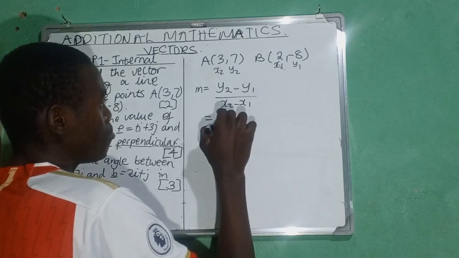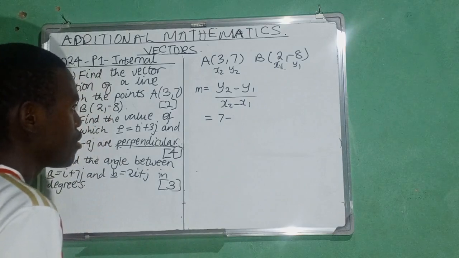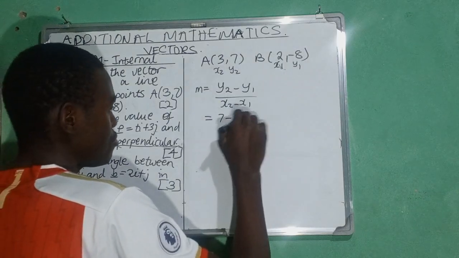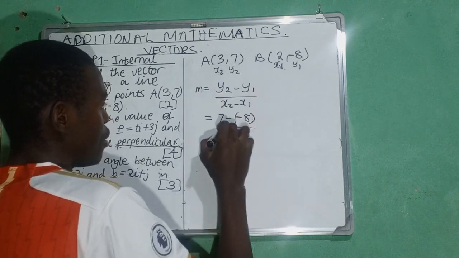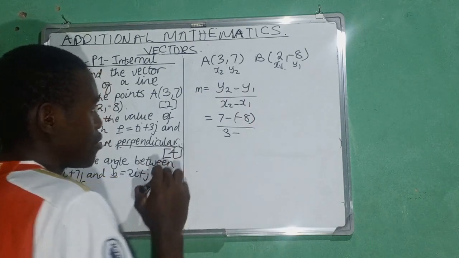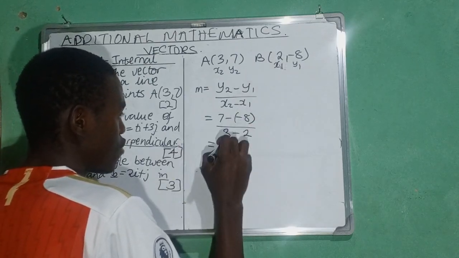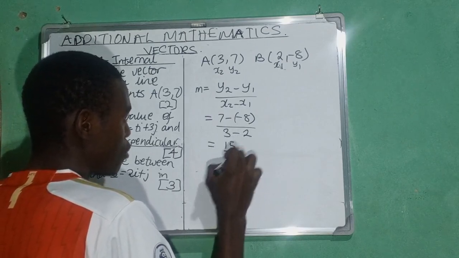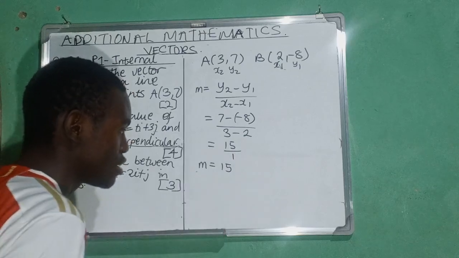So y2 there is 7 minus, here we have negative 8, to be put in parentheses. And then we have 3 minus 2, so no need for parentheses. This will be 7 plus 8, which is 15. You divide by a positive 1, so m is equal to 15, like that.